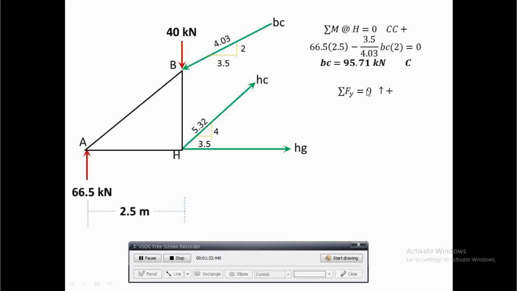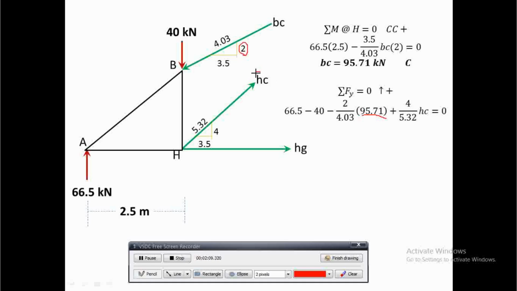Now, if I take summation of forces along the y-axis, 66.5 is upwards, 40 is downwards. Then BC, equal to 95.71, the vertical component is 2, divided by the hypotenuse 4.03, plus HC.